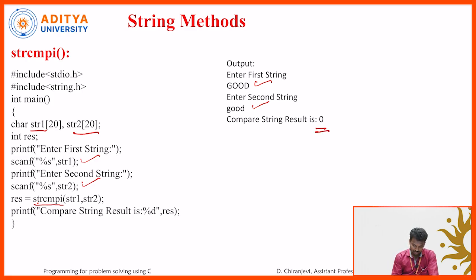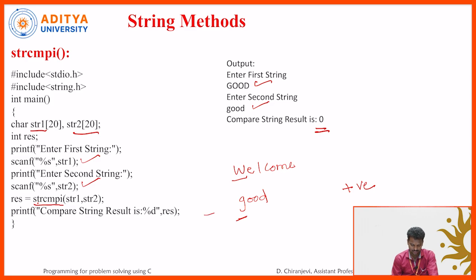If the first string is, let's say, Welcome with a capital W, and the second string is good, in this case the output depends on the ASCII value of W and the ASCII value of small g. The small g ASCII value is greater than W, so in this case the output is positive.